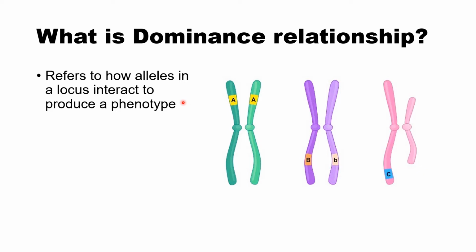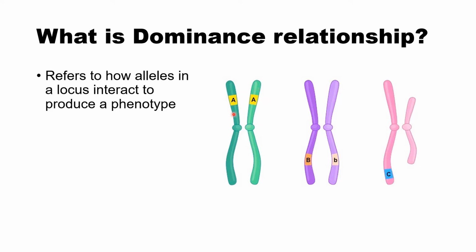So, when we say dominance relationship, it refers to how yung itong mga allele na to in a locus. When we say locus, this is a location of this gene on a chromosome. So it refers to how alleles in a location on a locus interact to produce a phenotype. So yun yung dominance relationship.